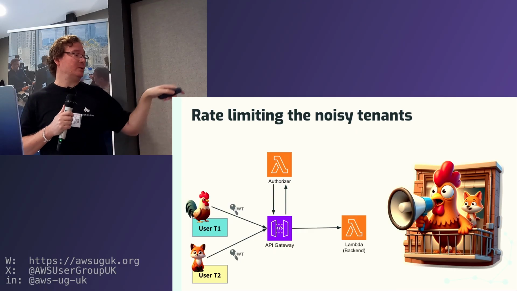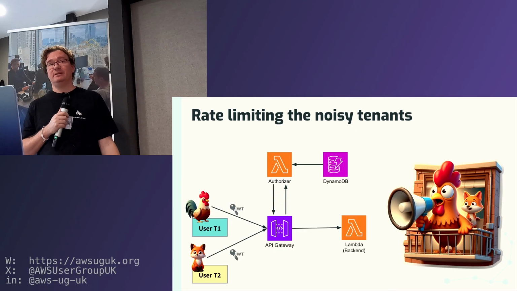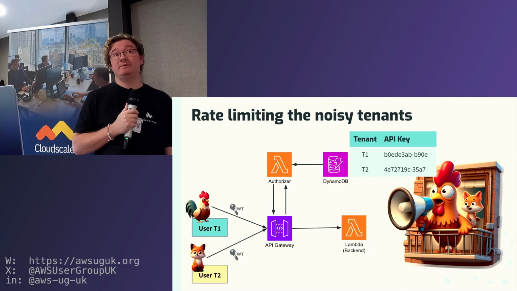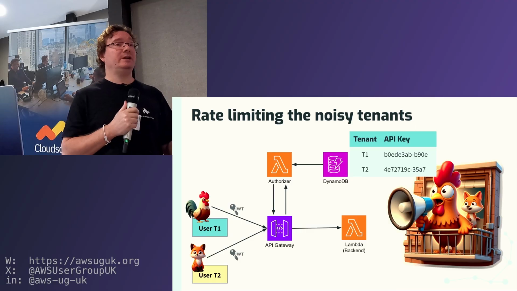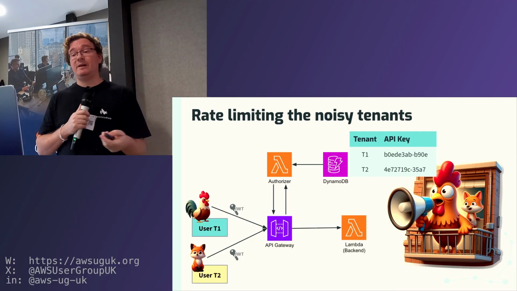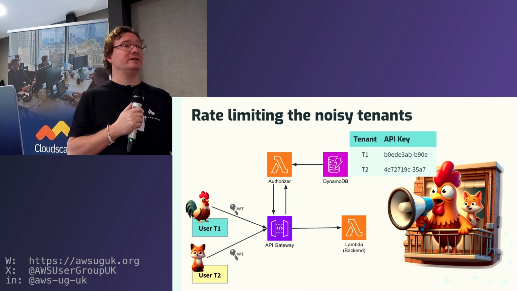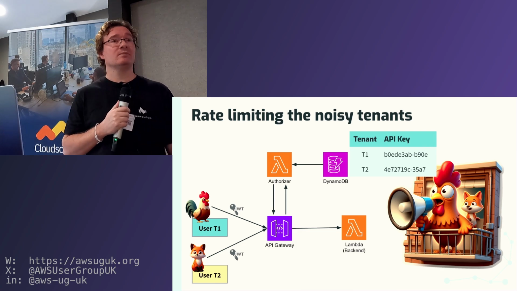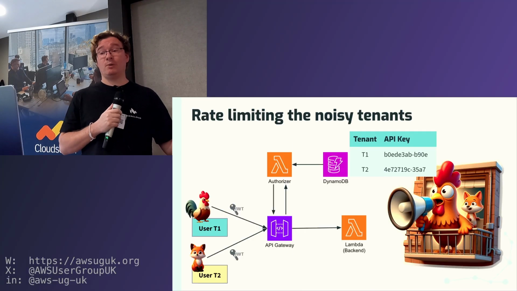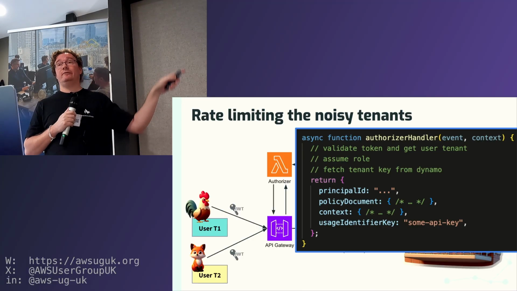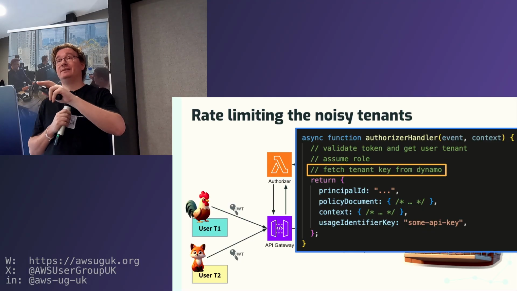So what we're proposing here on our stack is that we introduce a new DynamoDB table. On that DynamoDB table, we're going to be storing an API key for each of our tenants. This API key is something that we create at the time that we're onboarding that new customer. We create the API key and then we assign it. And what happens? If we look back at our authorizer code, we're going to have two extra steps there.